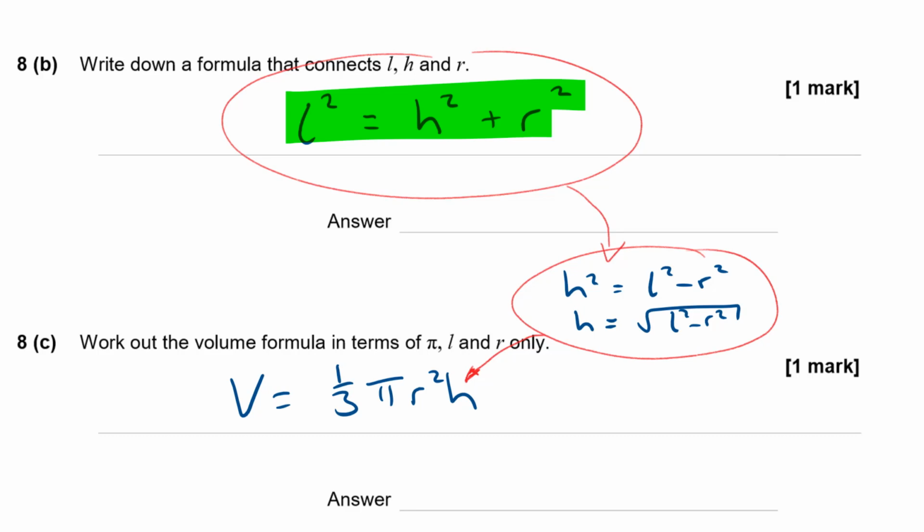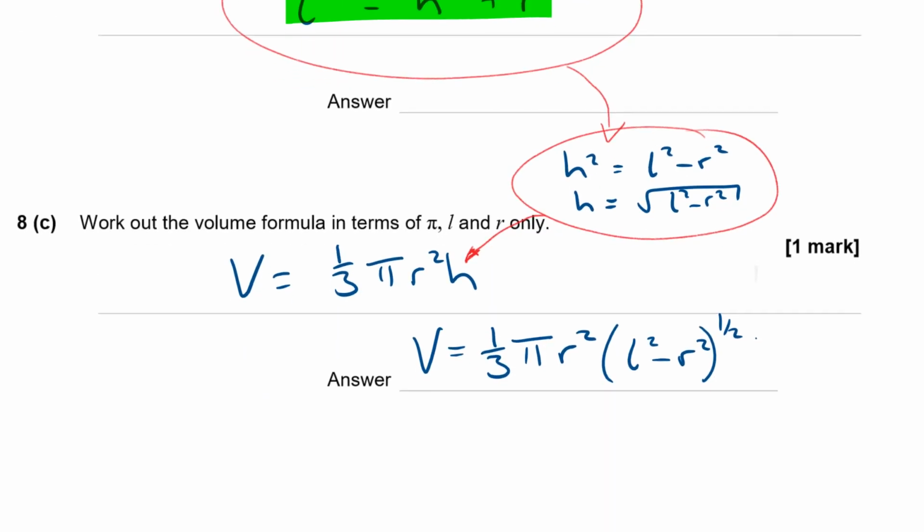So I can just say then that V equals 1/3 of pi r squared, open bracket, L squared minus r squared, to the power of a half. I just rewrote that in index notation. I could have written it, of course, like this as well, but I think this way is neater.